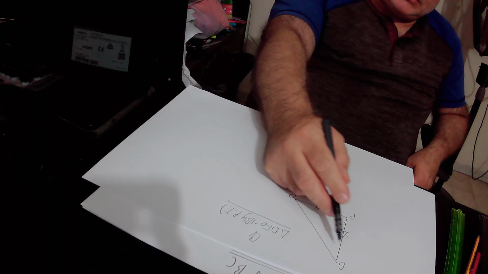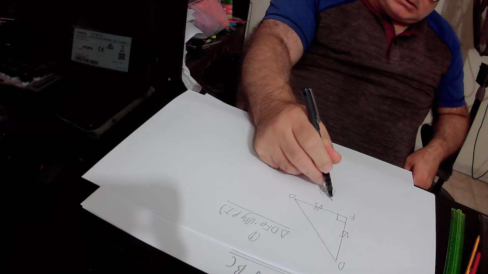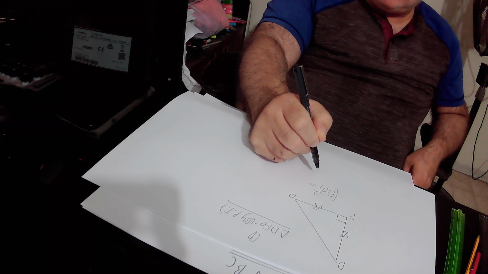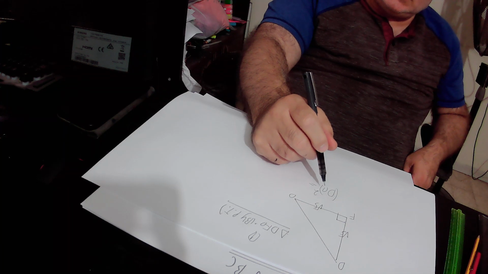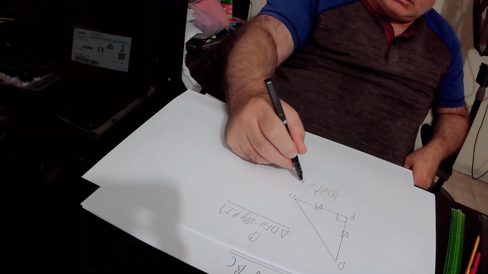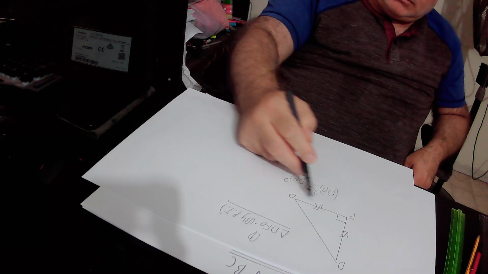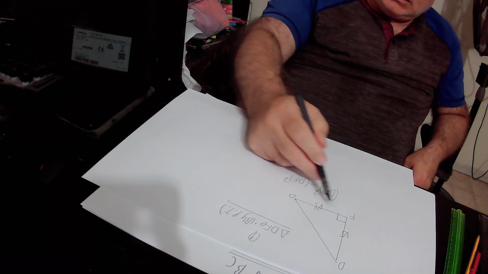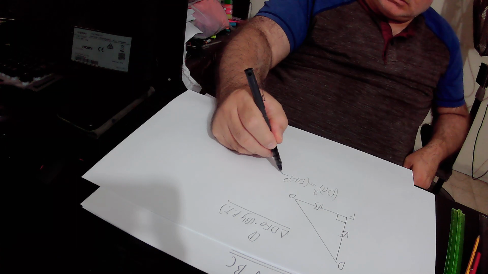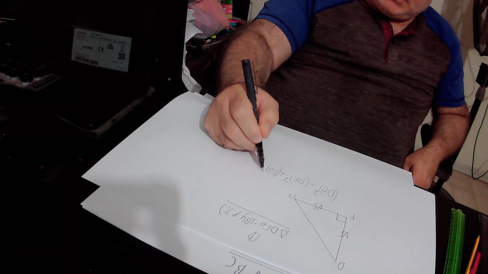The square of the hypotenuse is DO square, and it is equal to the sum of the squares of the perpendiculars. The square of this perpendicular is DF square, and the square of this perpendicular is FO square. And the sum of the squares of the perpendiculars is DF square plus FO square.